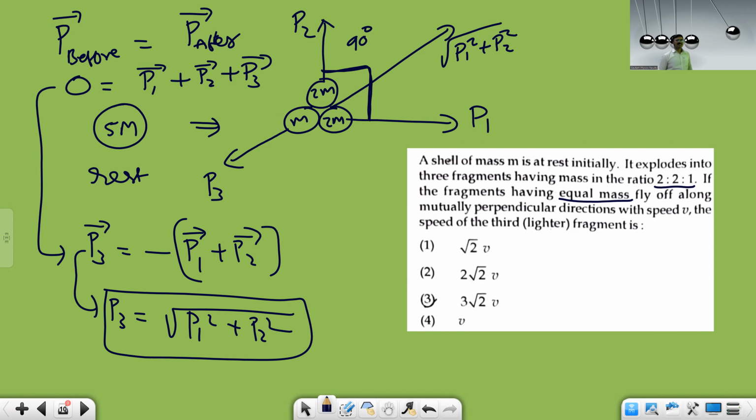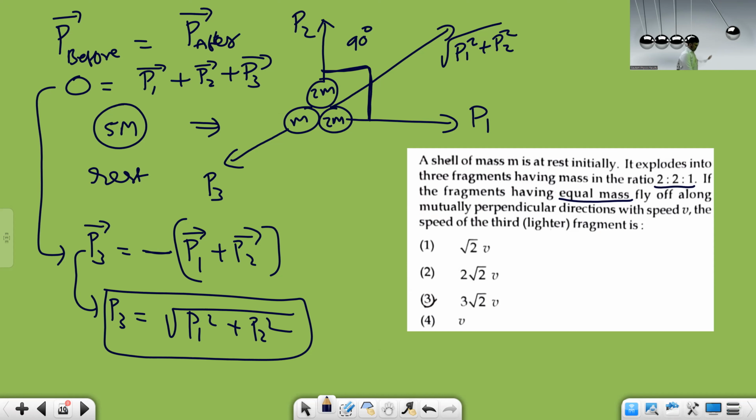Then what about the minus sign, sir? The minus sign says that P3 is opposite to the resultant, square root of P1 square plus P2 square. So if the resultant is in that direction, P3 will be in the opposite direction. That is explained by the negative sign.